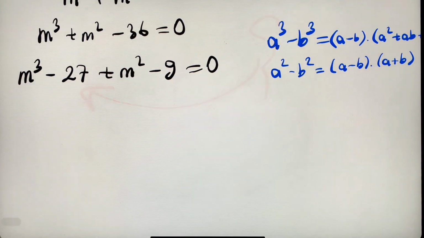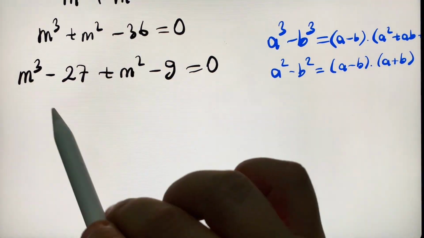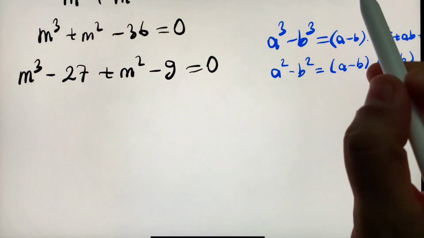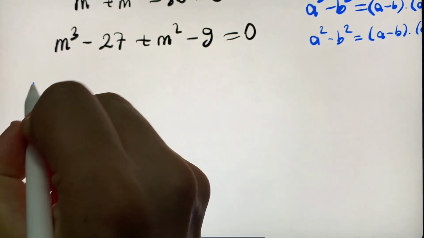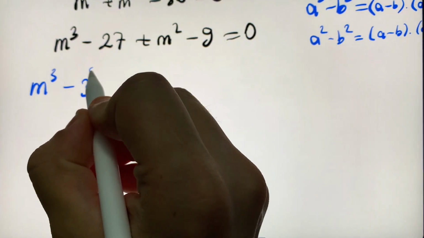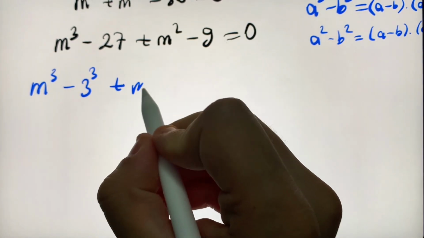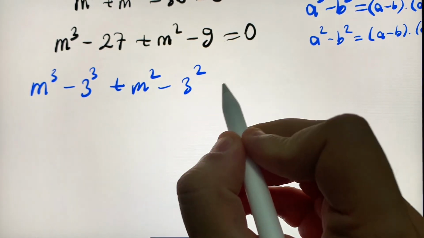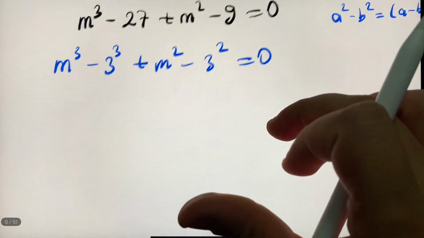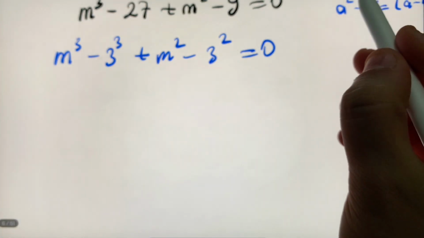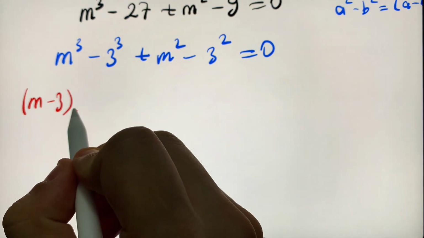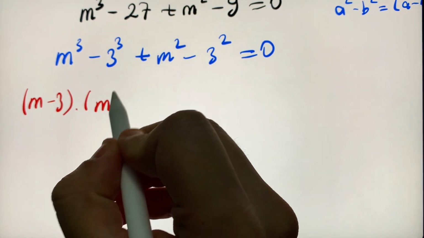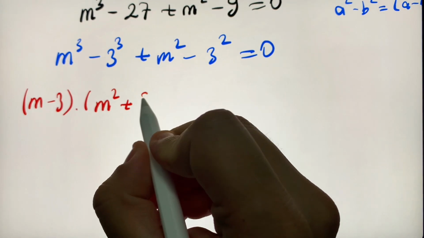I will apply it in this expression, but right now our equation doesn't look like this, so let's try to simulate a little more. m cubed minus 3 cubed plus m squared minus 3 squared is equal to 0. If we transform it now, m minus 3 in brackets times m squared plus 3 times m plus 3 squared.